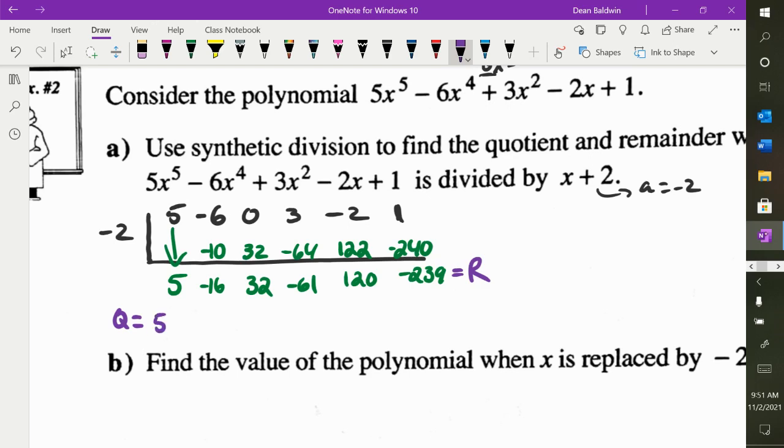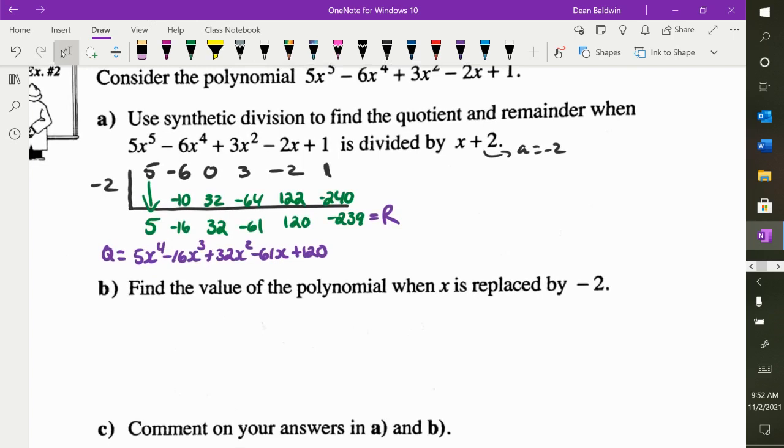So my quotient's going to be 5x to the 4 minus 16x cubed, 32x squared, 61x plus 120. How's that? Is that okay?